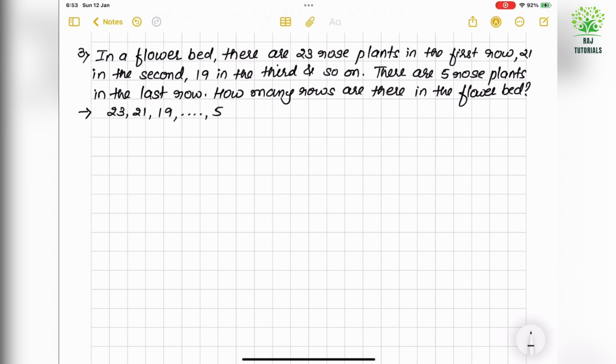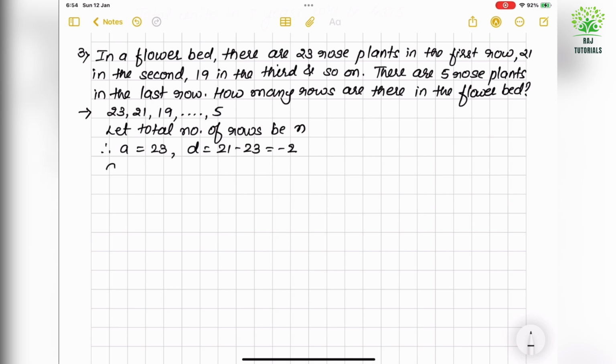So, let total number of rows be n. So, therefore, A equal to 23, D will be 21 minus 23, so that is minus 2.